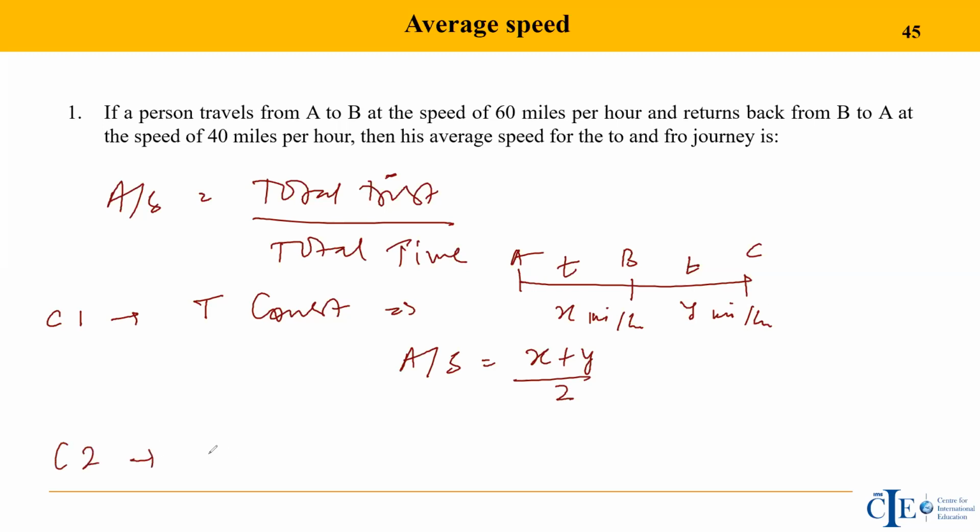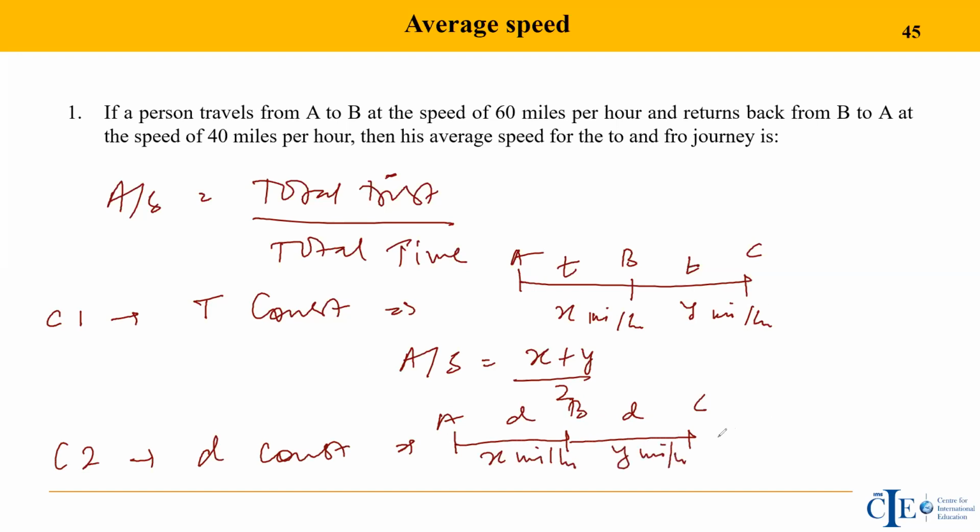That becomes the arithmetic mean. And case 2, when he's traveling the same constant distance, that means he travels from A to B and B to C the same distance d at speeds of x miles per hour and y miles per hour. Or it's also a very common case of to and fro, from A to B at x and then from B to A at y.